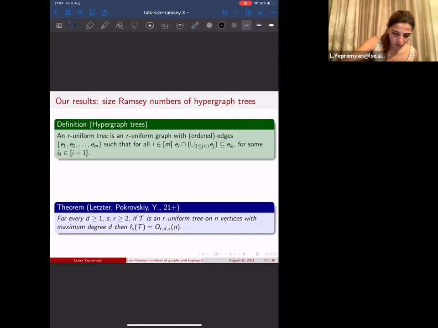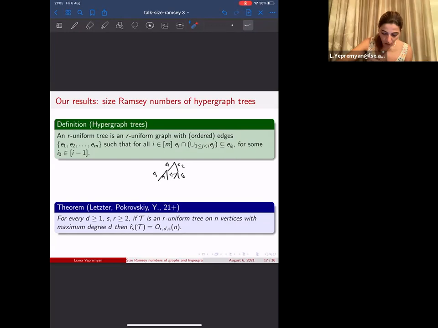Normal graph trees also satisfy this definition, because you can just call the edges E1, E2, E3, E4, and so on. If you order the graph like this, it satisfies the definition: the intersection is in a set included in some edge that appears before i.